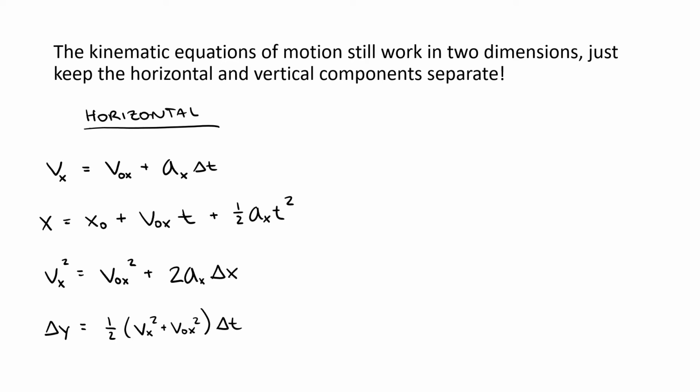So we have next the vertical components. These are the exact same things, except they're going to be used for motion that is purely vertical. V sub y. So now we're labeling this one as the final vertical velocity, equals the initial vertical velocity plus the vertical acceleration, delta t.